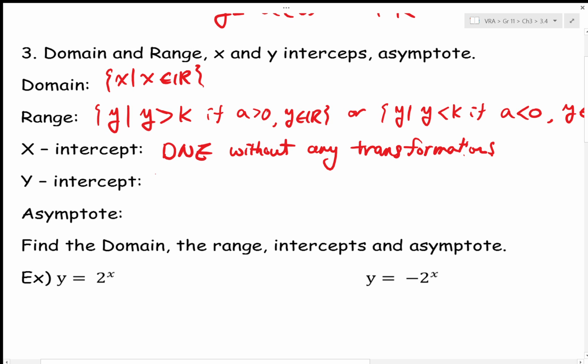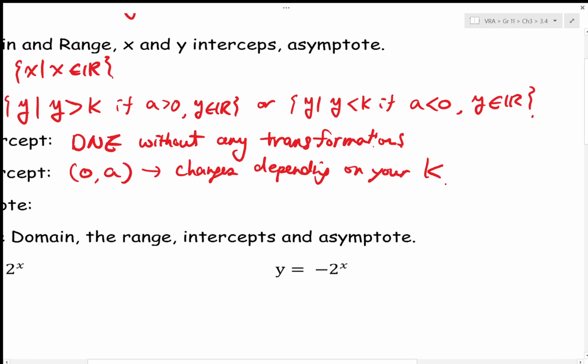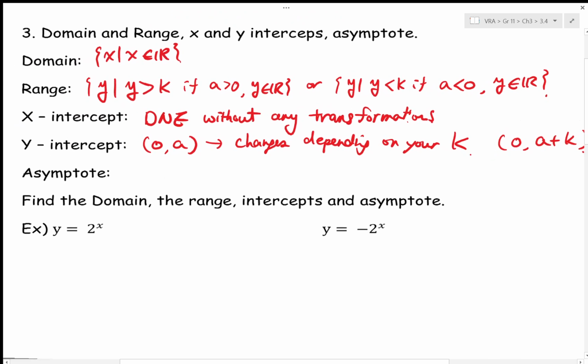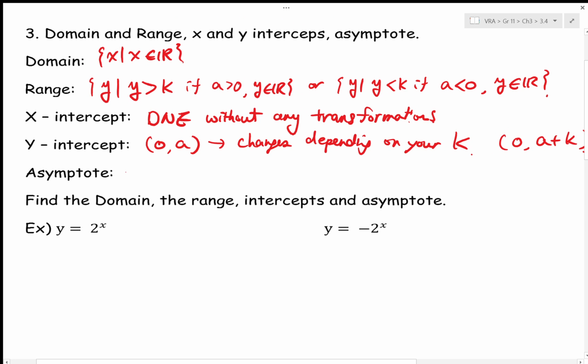Now the y-intercept is always (0, a), but it also changes depending on your k value. So in a more truthful way, it is (0, a plus k). The equation of the asymptote is basically y equals k all the time.